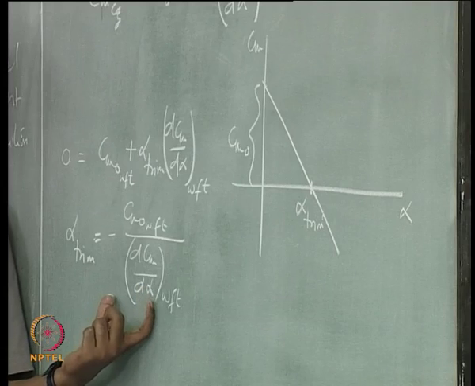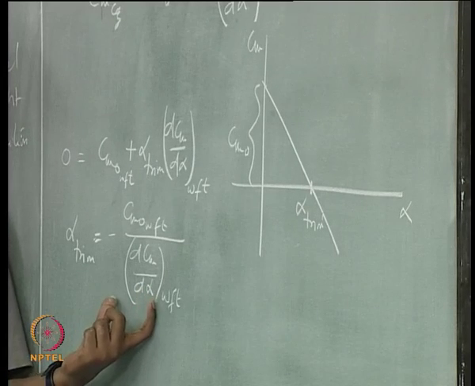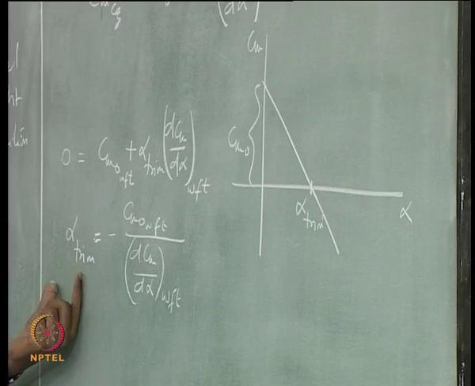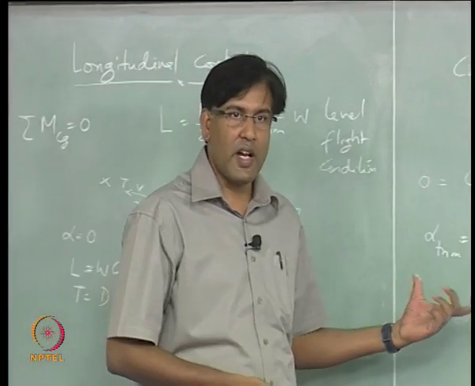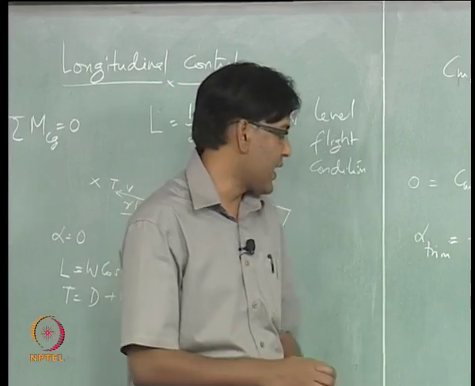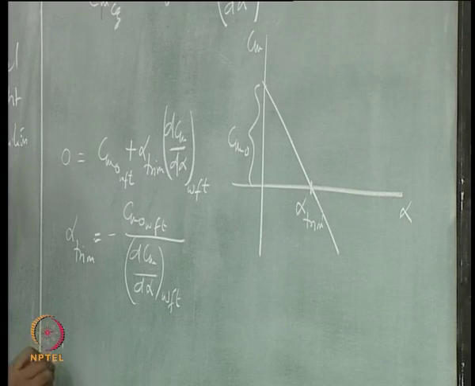So for same static margin or dCm over d alpha, you can get a different alpha trim, right. So that is one possibility, but would you want to do that? On some airplanes where there is no tail, right, tailless airplane, this is what you are going to do actually. You can change the wing camber.